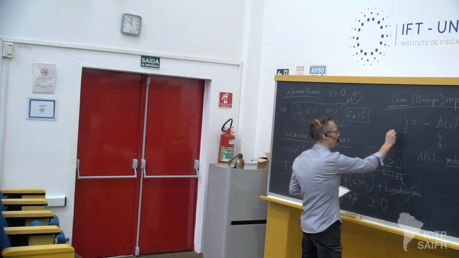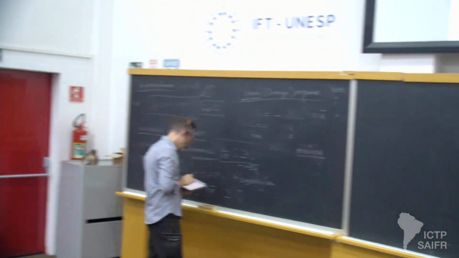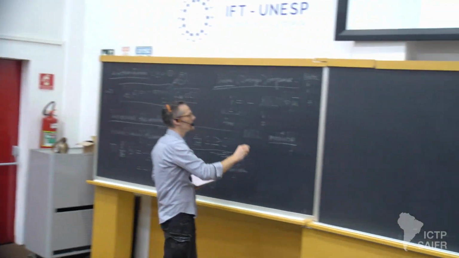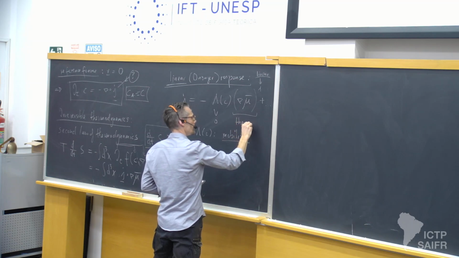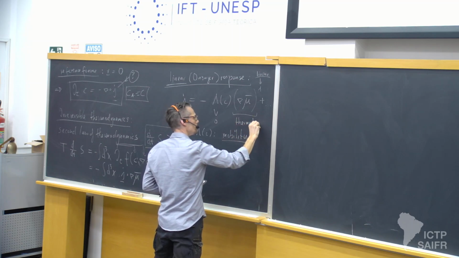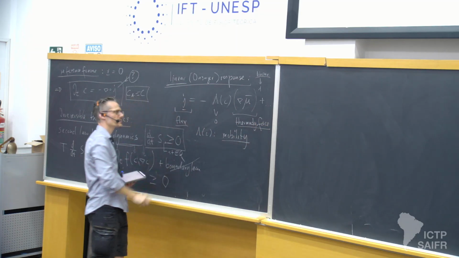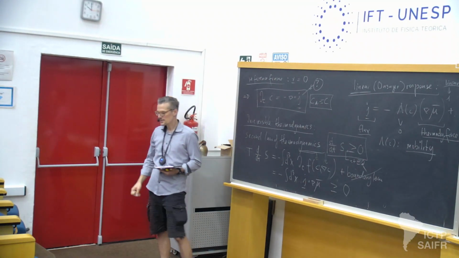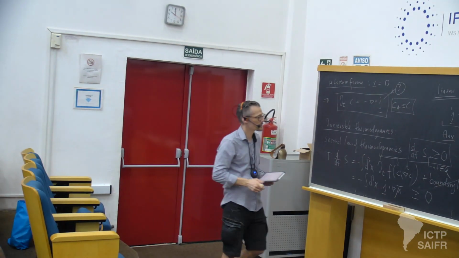In irreversible thermodynamics, this is also called the flux, and this is also called the thermodynamic force. So in the end, this gives you a flux-force relationship, and you just have to add a positive coefficient that tells you how fast things are transported.